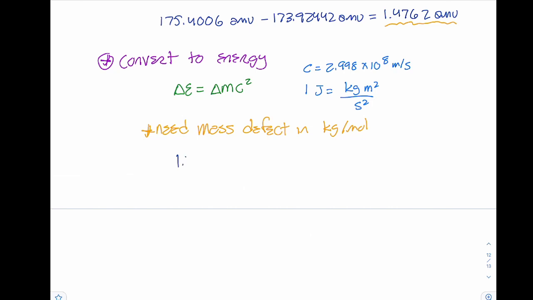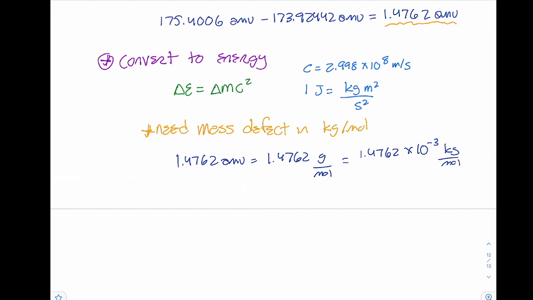So I have 1.4762 atomic mass units, which is equal to 1.4762 grams per mole. And then we know that there is 10 to the third grams in a kilogram. So if we convert this to kilograms, I get 1.4762 times 10 to the negative third kilograms per mole.